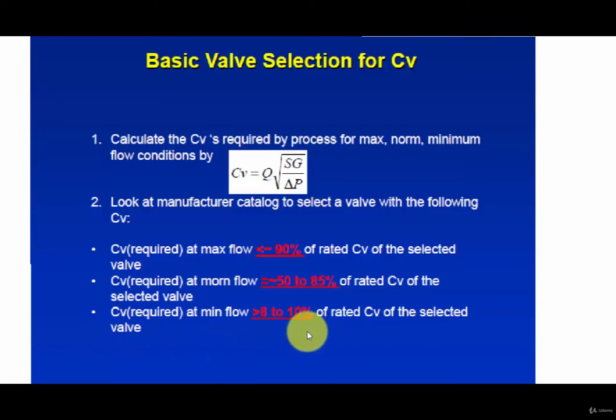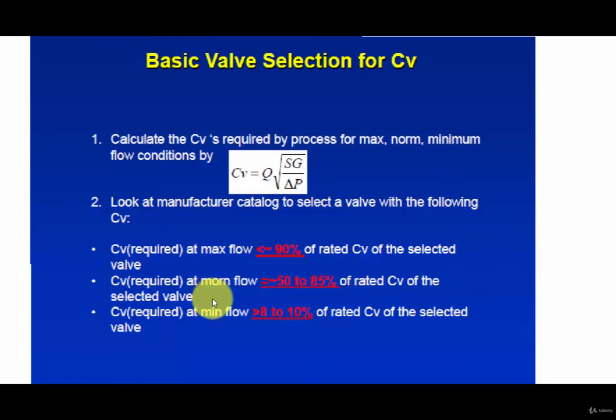So this should be our criteria for the selection of valve for our calculated CV. These are the calculated CVs. These are the installed CVs or selected CVs of the selected valve. So they should match accordingly to this. Exactly, they should not match.